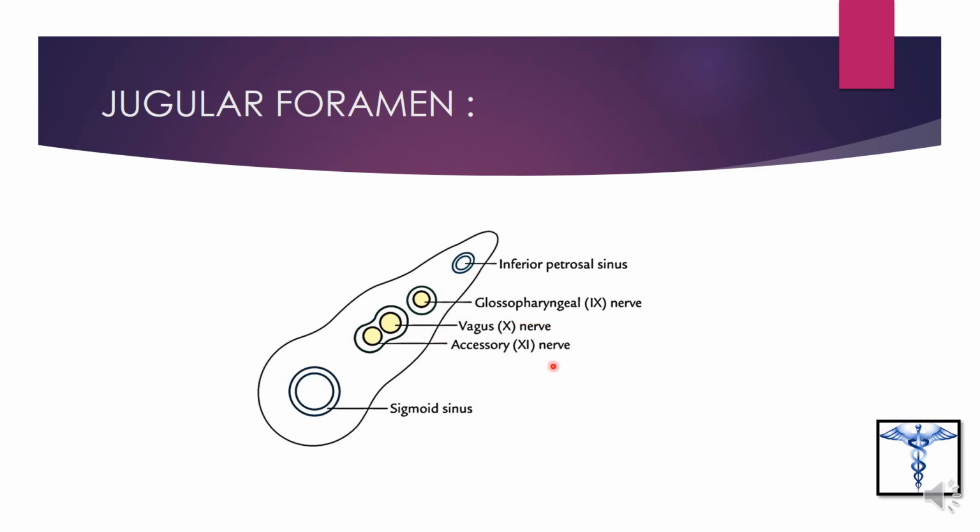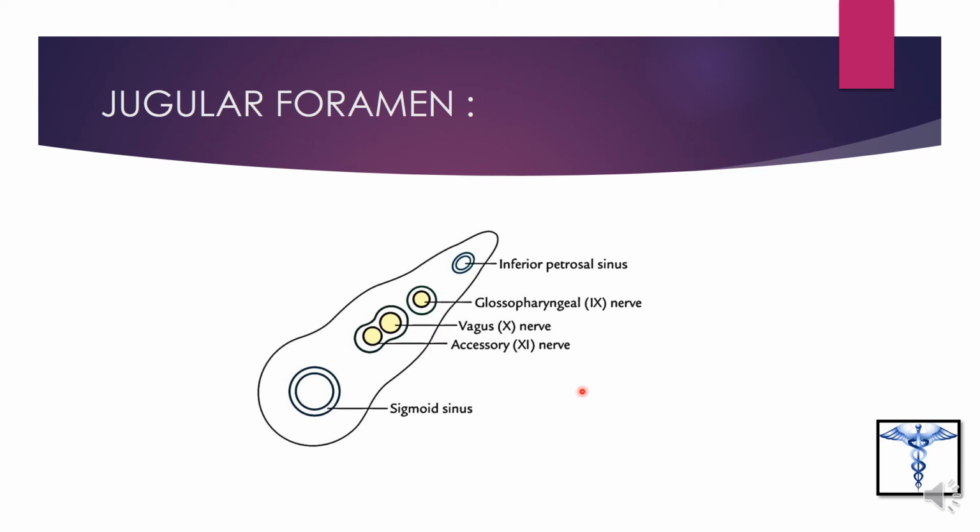Which foramen? The jugular foramen, which lies between the condylar part of the occipital bone and the lower border of the petrous part of the temporal bone, right?